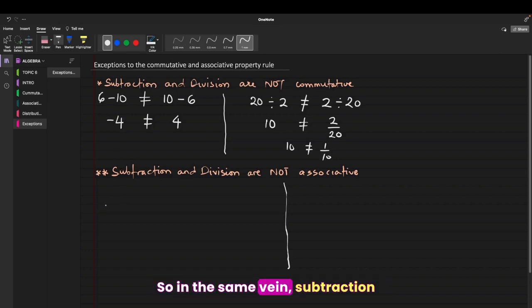So in the same vein, subtraction and division are not associative.